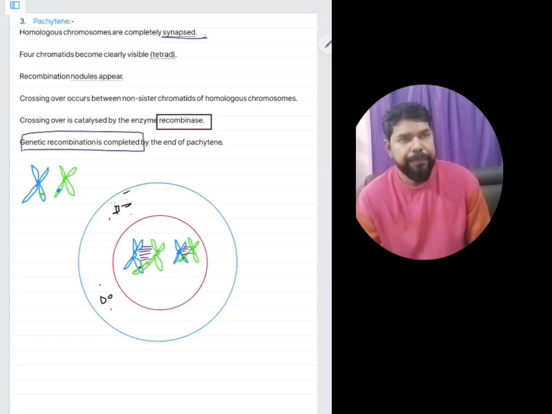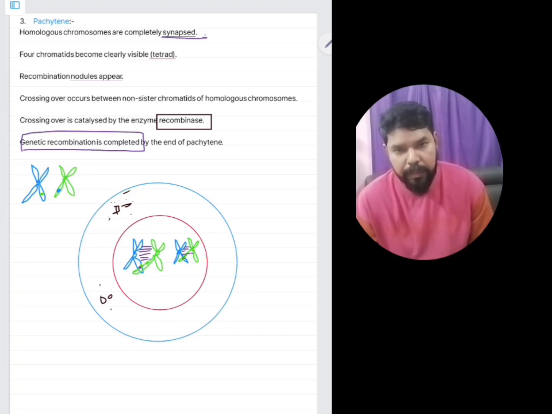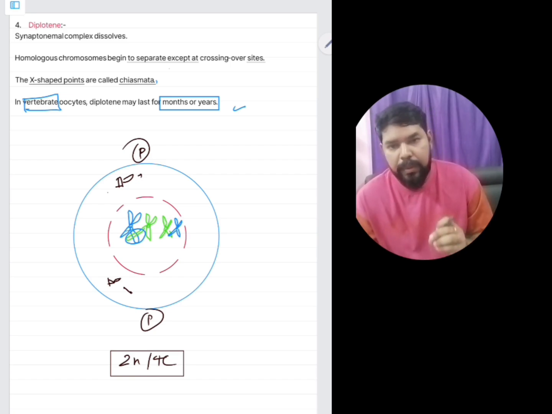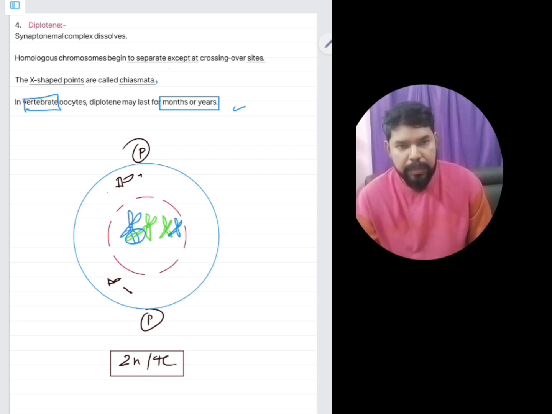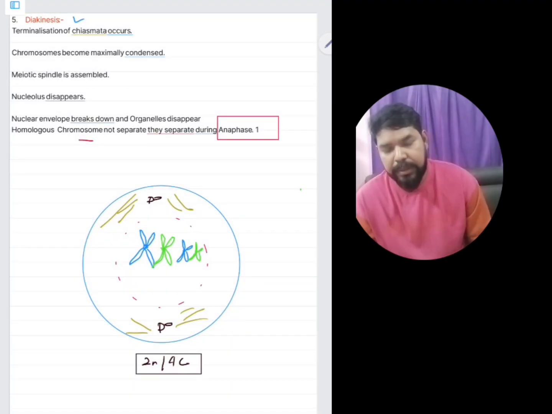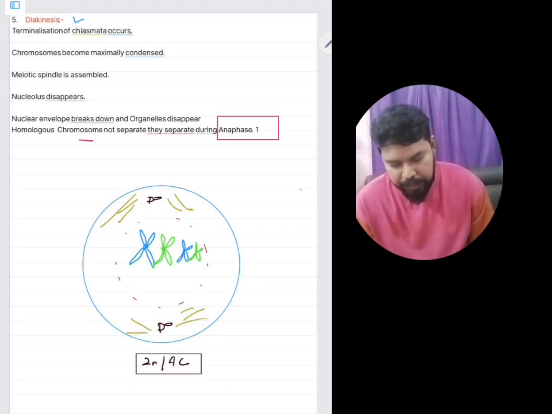First, a recombination nodule forms in the synaptonemal complex, and another enzyme is involved, called recombinase. After crossing over, recombination has taken place. Then in diplotene, the synaptonemal complex starts to dissolve, so that only chiasmata will be seen, and that chiasmata will be terminalized in diakinesis. So this is the entire story.